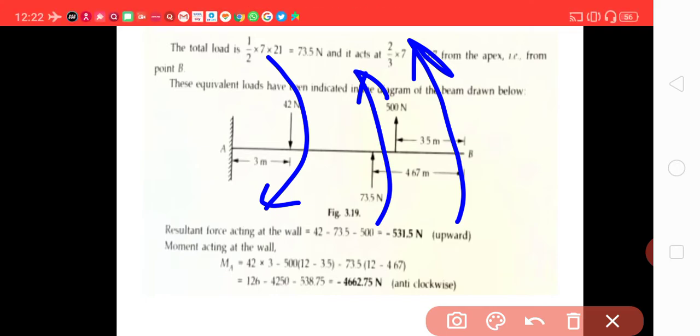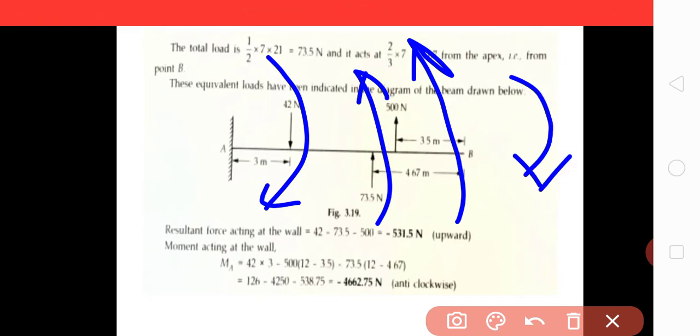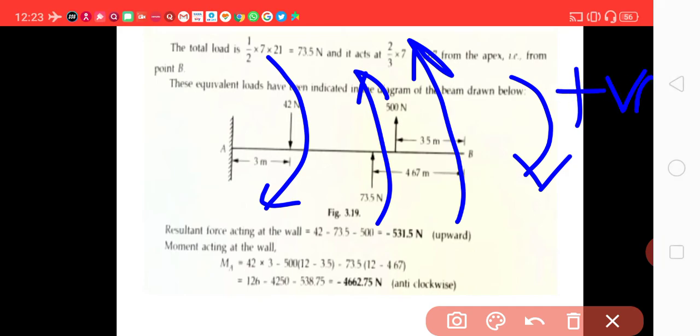That will be, this is 42 into 3 clockwise, taking clockwise positive. Yes, clockwise moment we have taken positive. Okay.